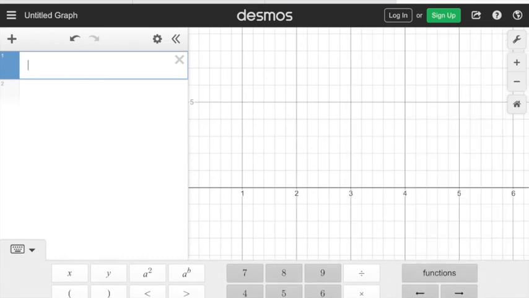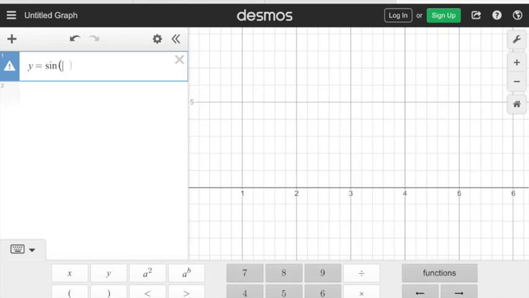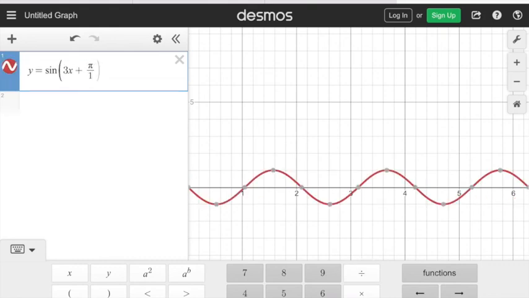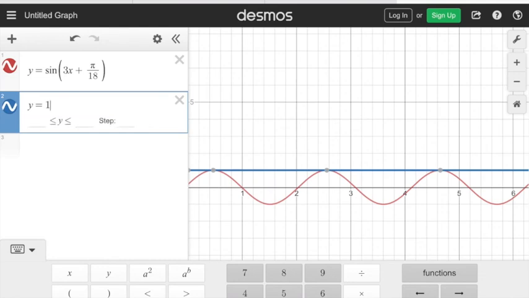Type in your first equation: y equals the sine of 3x plus pi over 18. And then for the second equation, type in just y equals 1. Noticing I have 3 solutions over the interval 0 to 2 pi.